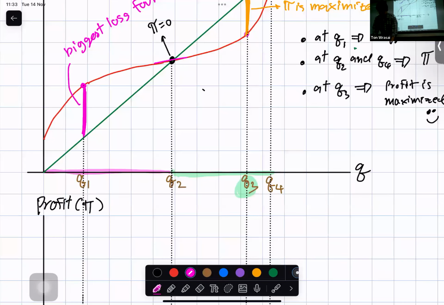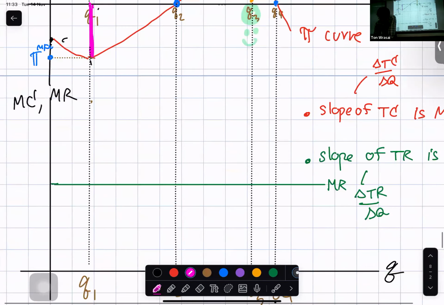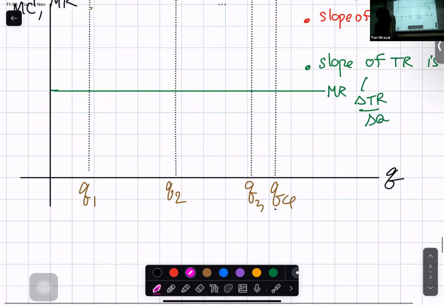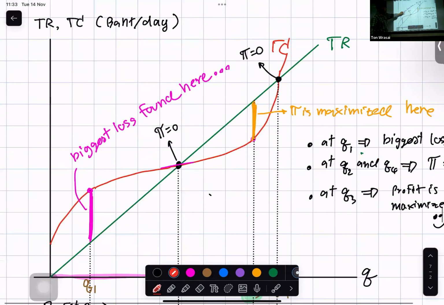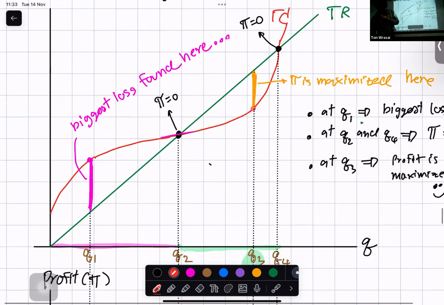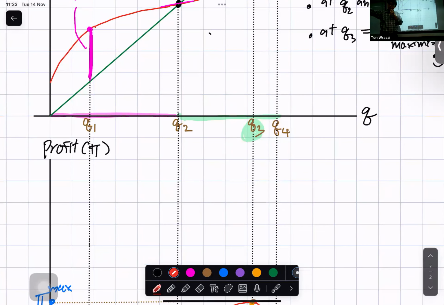Then the bottom of my MC curve must occur at Q2. Then, valley shape, the bottom-out place is here, Q2.